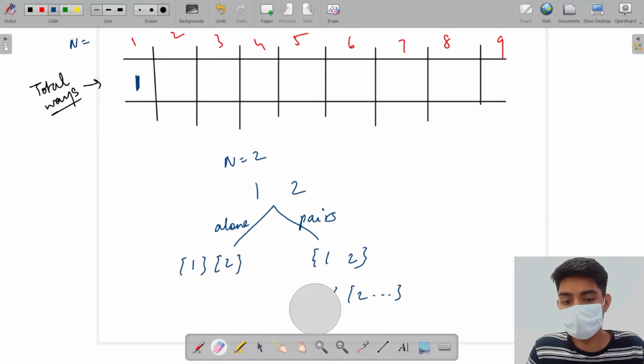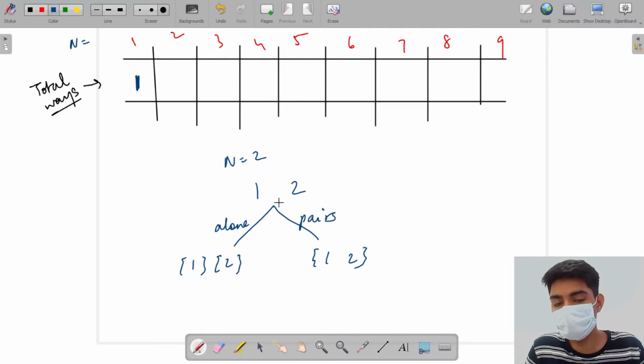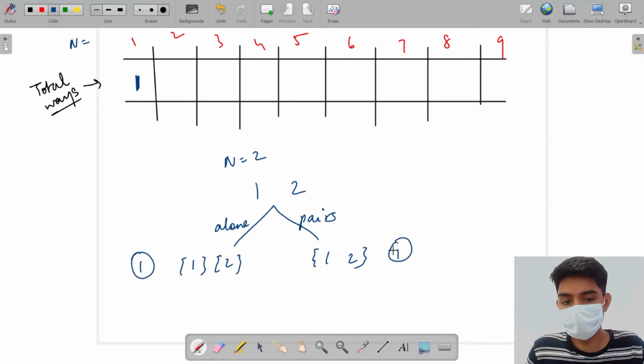So the only ways for two people to go are either alone or in a pair. The total number of ways for n equals 2 would be 1 plus 1, which is 2: one way is they are both going alone, and the second way is they are both in a pair.